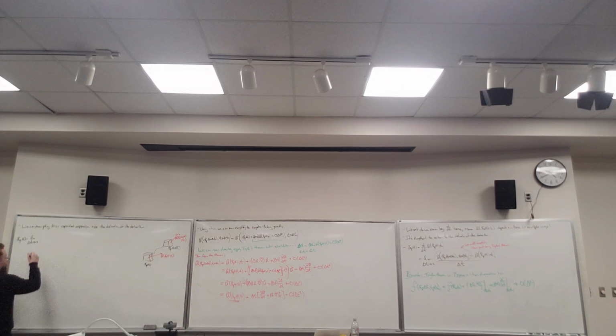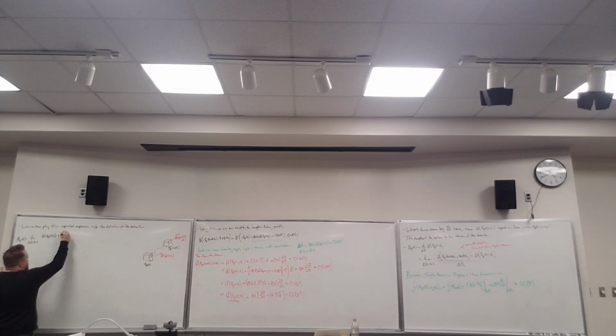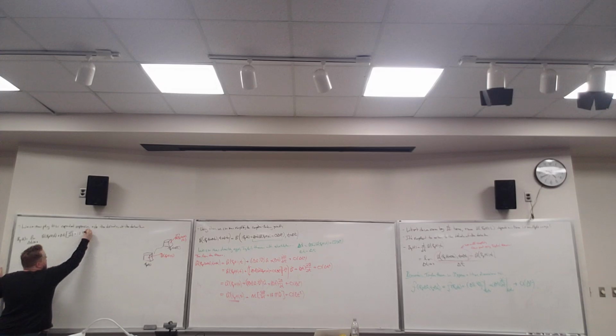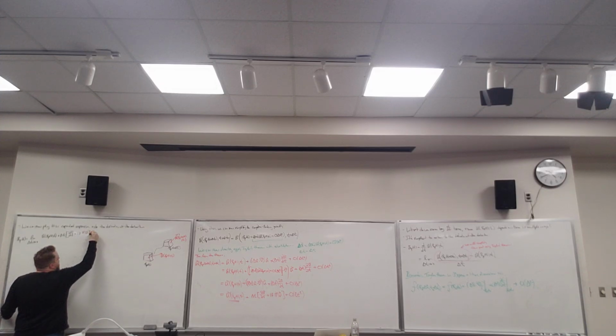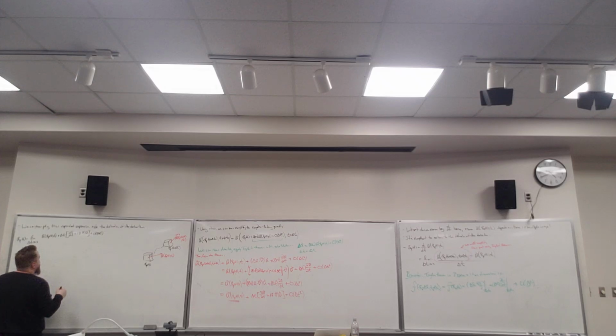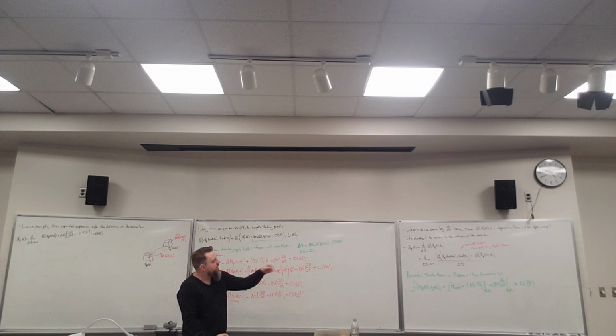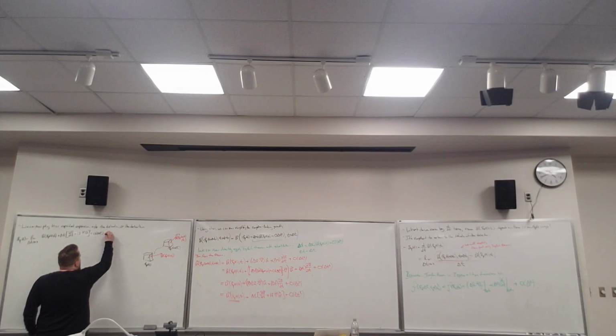So we get u of xp of t and t plus delta t times partial u partial t plus u dot grad u plus an error term proportional to the square of delta t. So that's just plugging this bottom expression in for that circled thing. And then we subtract off, in the definition of the derivative, the current velocity. We subtract off u of xp of t and t.